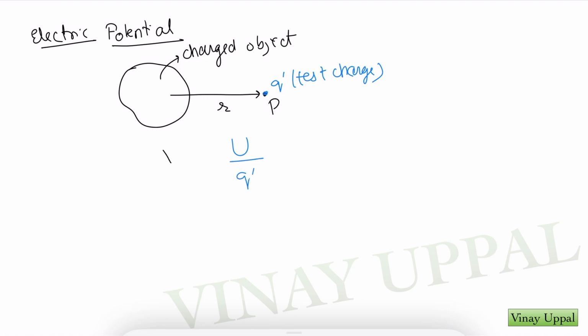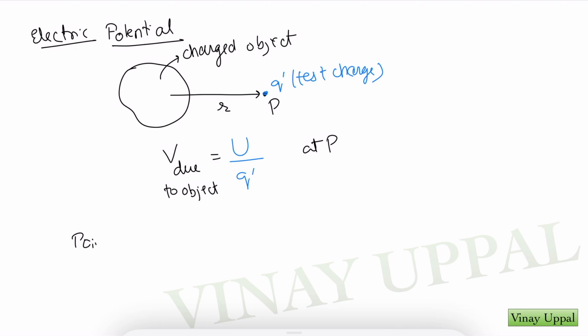So that will give the potential due to the charged object at point P. So there will be no mention of Q dash. It will only be a property of the charged object itself and of course the distance from the charged object.